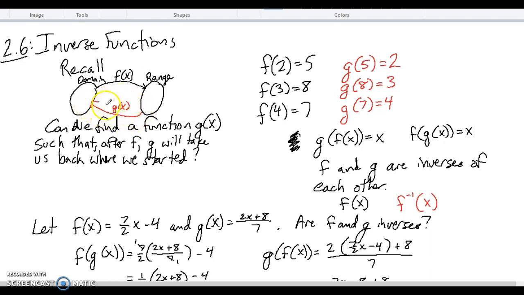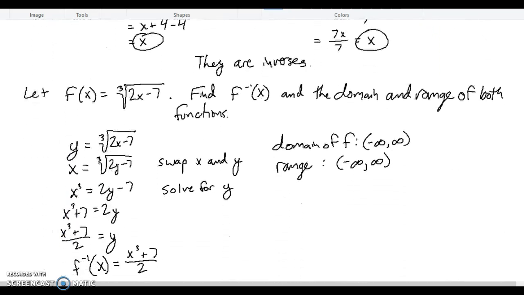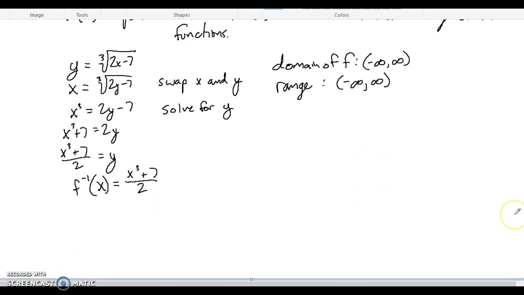But notice, g is a function in its own right, and every function starts at its domain and goes to its range. So, according to this picture, the domain of g is the set that was the range of f. And the range of g is the set that was the domain of f. And in general, that's true for every pair of inverse functions. Sorry, I should have said of f.